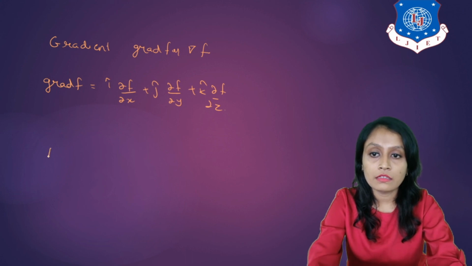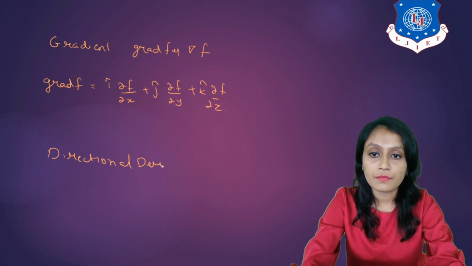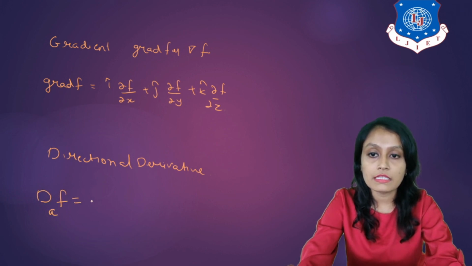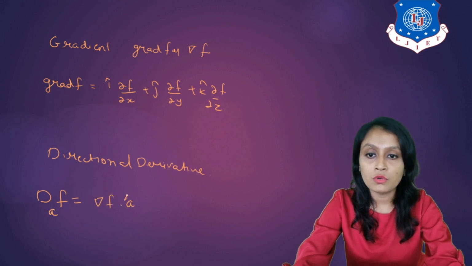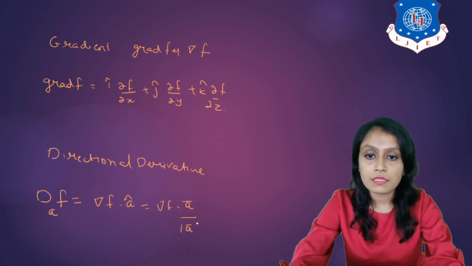Another thing we studied is the directional derivative. The formula to find the directional derivative of a function f in the direction A is given by gradient of f into a cap, and this can be written as gradient of f into a bar upon its length.